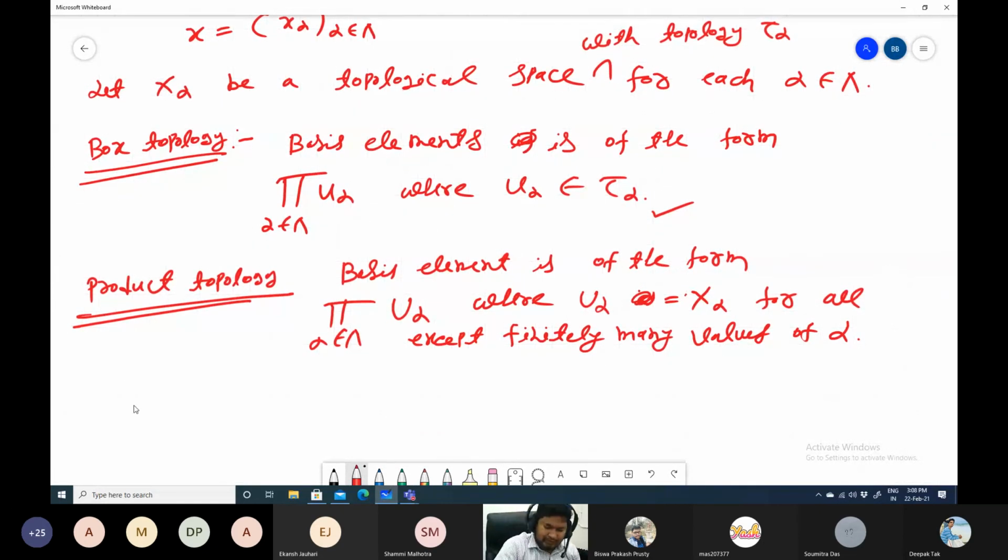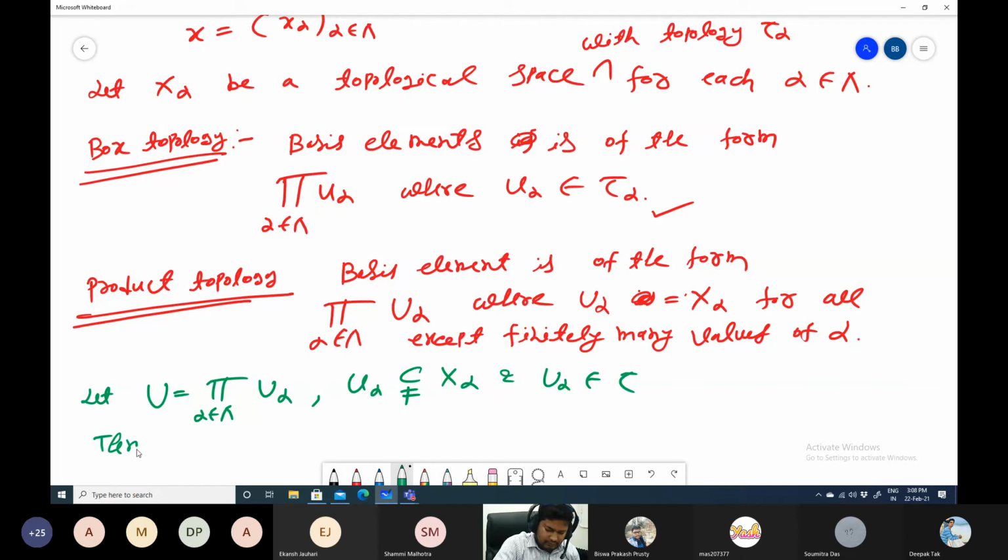So what is the main difference? If you take U equal to the product of U alpha, where each U alpha is a strictly proper open subset of X alpha, and U alpha belongs to tau alpha, then U is open in the box topology, but not open in the product topology.